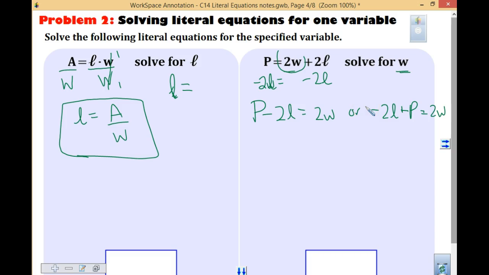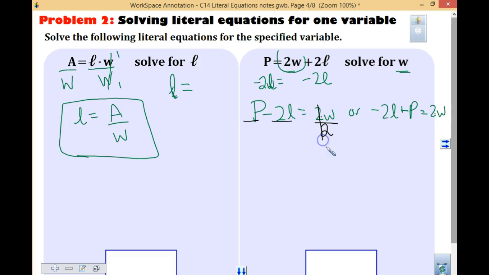So my last step as I am looking at this, Ashley, is going to be, we want to find what 1W equals, so what would we need to do? If it's 2 times W, we're going to divide every term. So just like when you solve those y equals and the x equals, you're going to divide everything by 2.